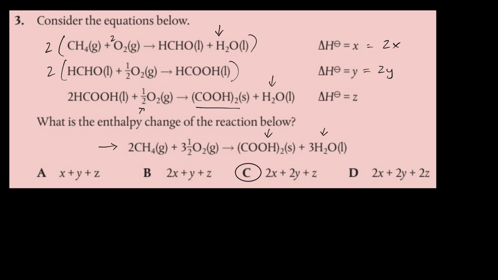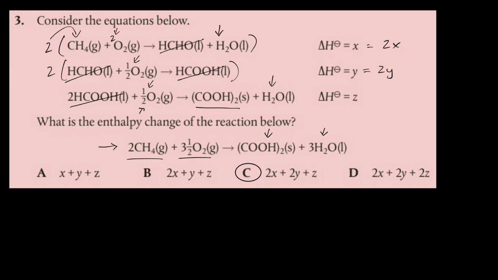So my HCHO would cancel out on both sides, and my HCOOH would also cancel out on both sides. So I'm left with 2 moles of CH4. Then I'm left with 2 plus 1 is 3 plus a half is 3.5. So I'm left with 3.5 oxygens.